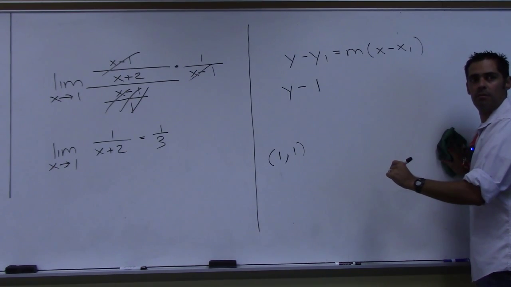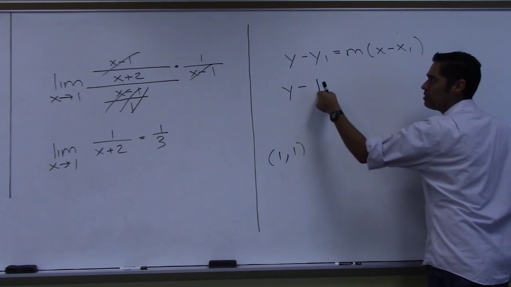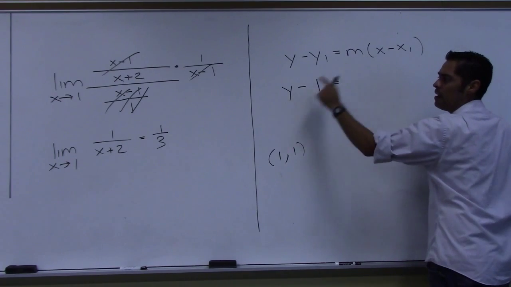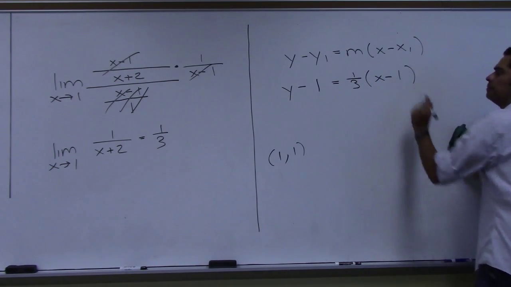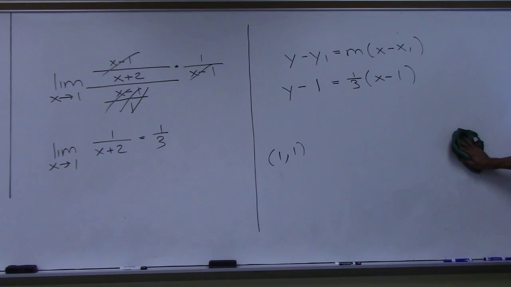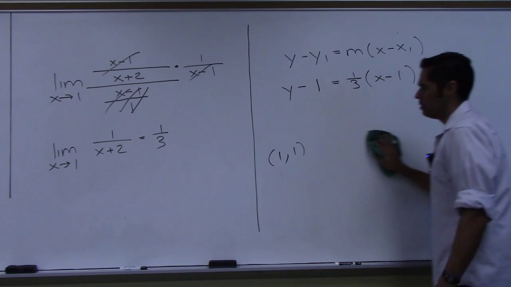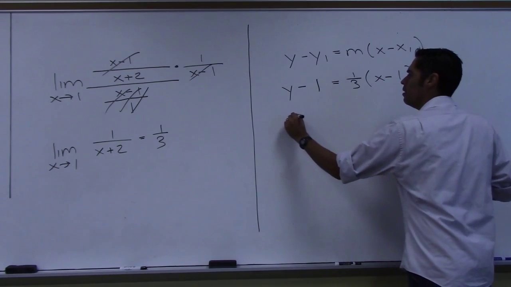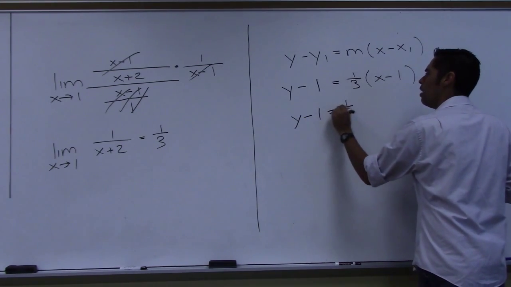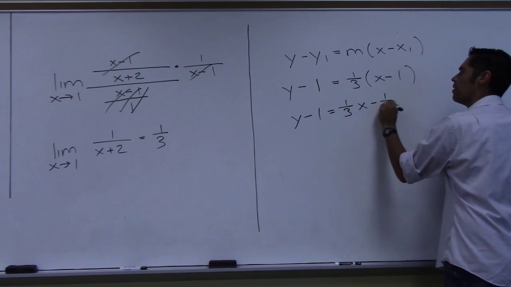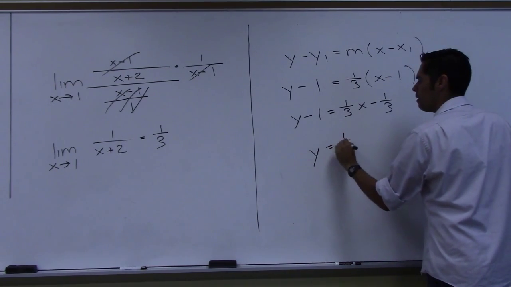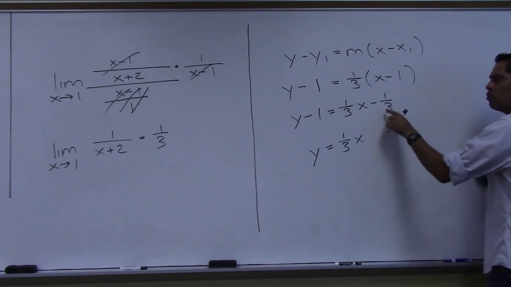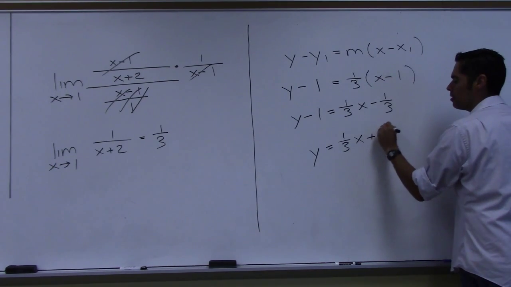Wasn't it 1, 1? So the y value is 1. The slope we just found is 1/3. And then x minus 1 again. So we would get y minus 1 equals 1/3 x minus 1/3. Distribute. Add 1 to both sides. When you add 1 to negative 1/3, you get 2/3.